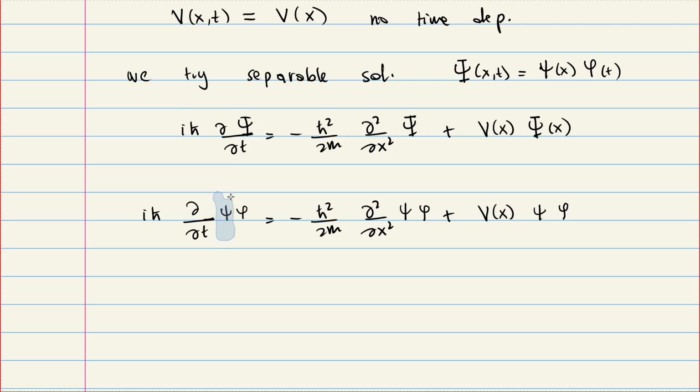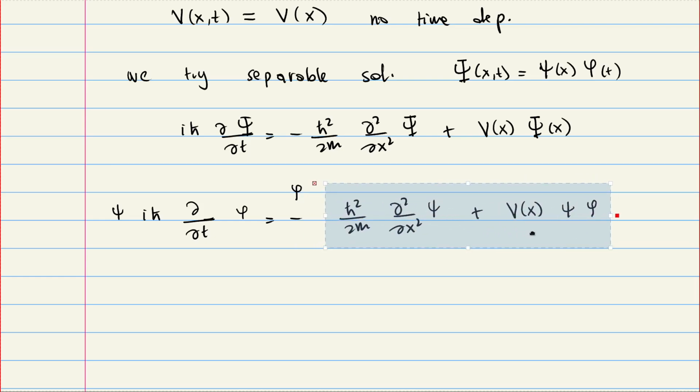So I will just take this psi and put it outside because the time derivative doesn't know about x. I come here and I look at this, there's psi and phi, right? This is a derivative in x, but phi is only time dependent, right? Then I can safely take this and put it outside here so that it doesn't know about the derivative.